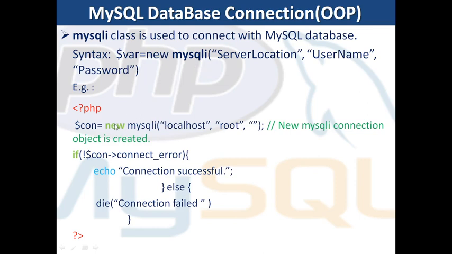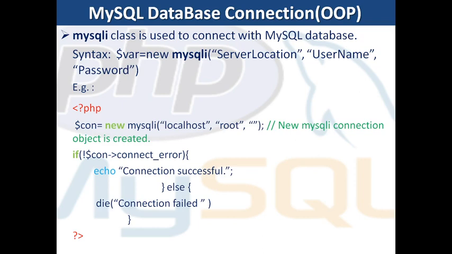So let us take it here in an example. $con, new MySQL localhost, root, and then password. No password, default. For the default user root, there is no password. Then you will check if this $con connection object created any connection error or not.